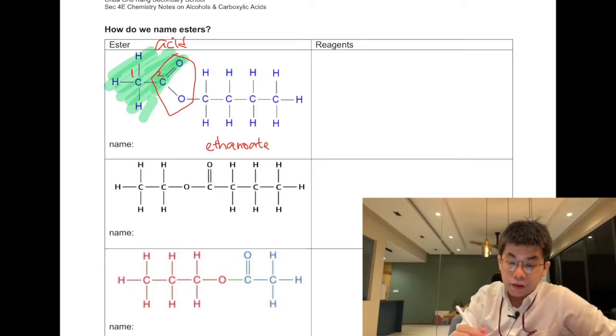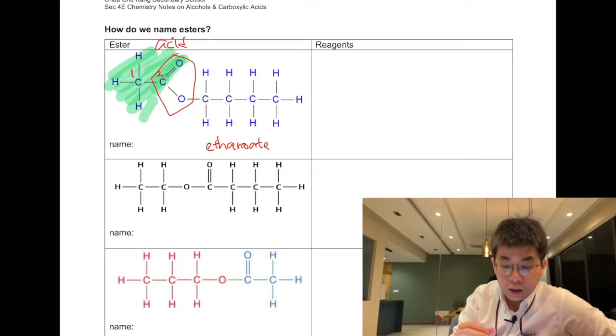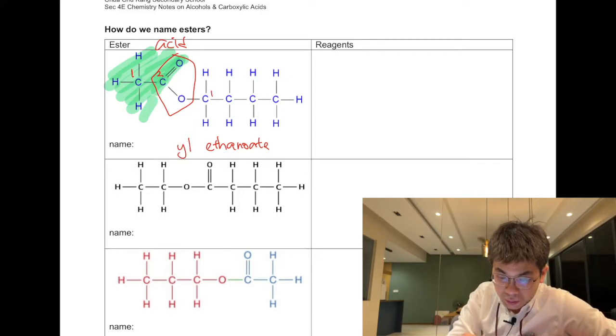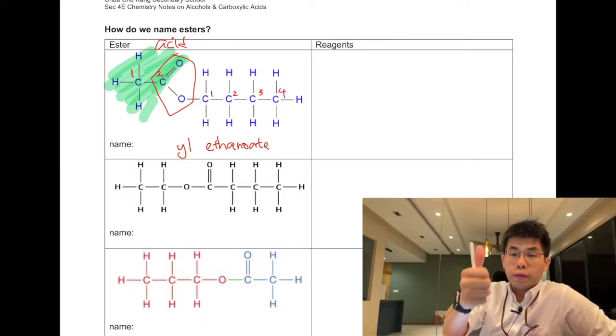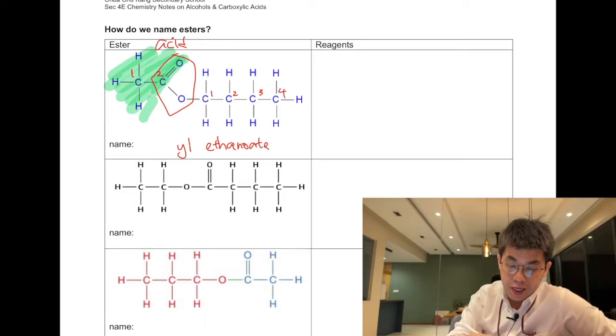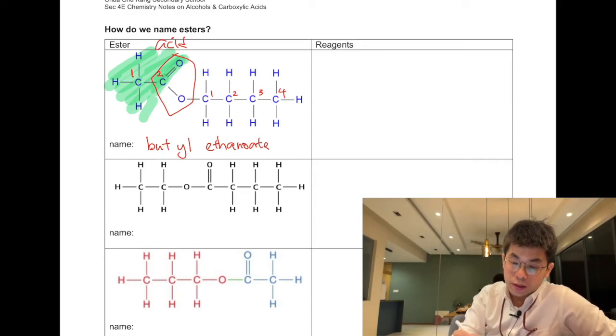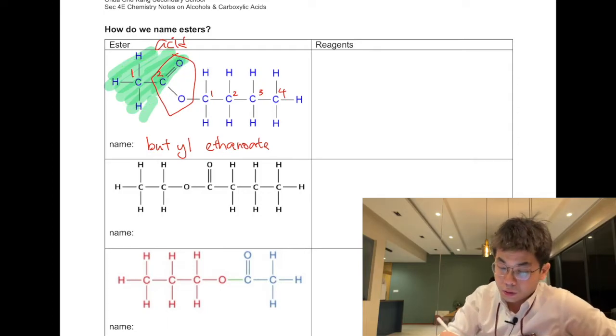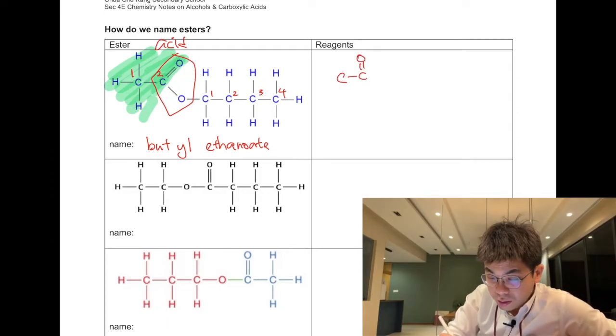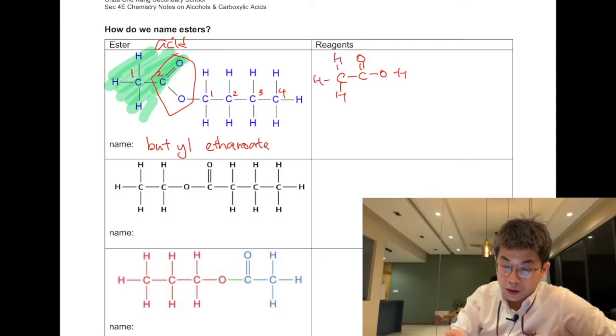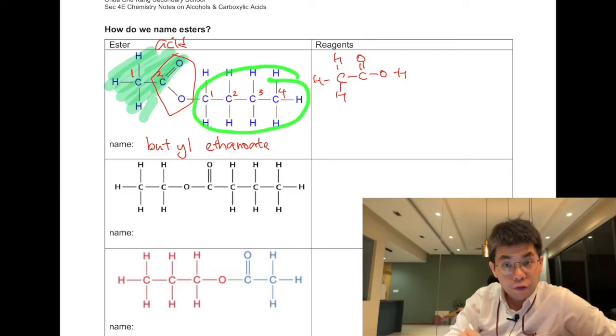Ethanoate. And then the other side comes from the alcohol, so it ends with yl. This one is 1, 2, 3, 4, so my prefix is but, butyl ethanoate. So butyl ethanoate is made out of an acid that contains 2 carbons, which is this, as well as an alcohol that contains 4.